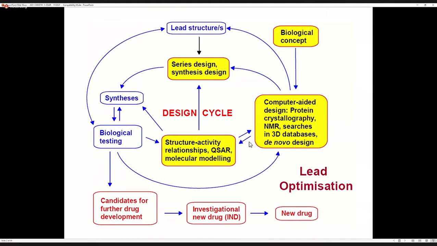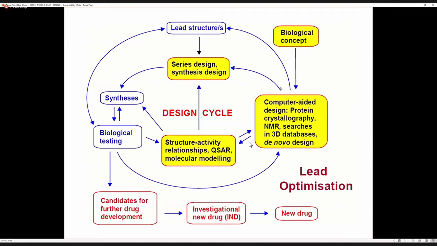You use computer to help you lah. So for example, obtain the protein, obtain the structure of the compounds, or design new compounds. And the de novo design means you design a new, right? You design new compound, literally never be synthesized before, right?